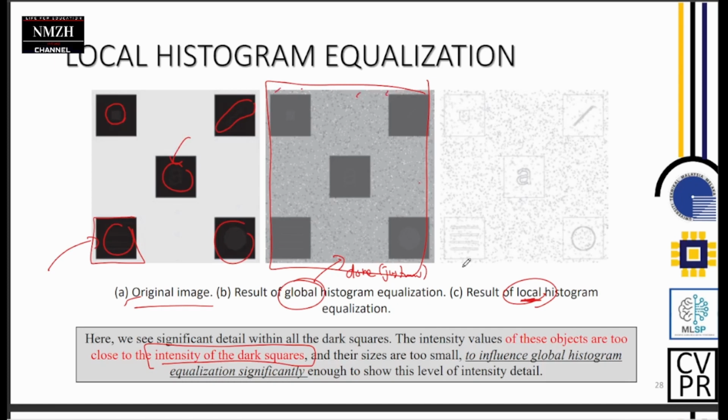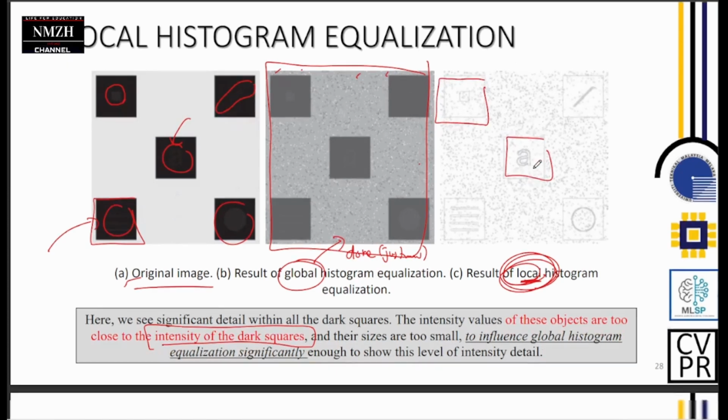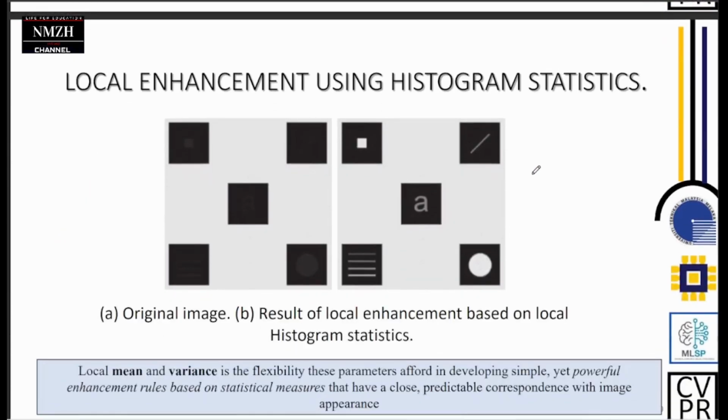Likewise, if we look at the local histogram, we can see that the 5 images are clearly significant in the way that the image is differently exposed to us. Okay, so the second idea for the local histogram statistic is like this, using the statistical approach, whereby mean and variance are utilized with flexibility of the parameter. So this one is one of the powerful techniques to enhance the unseen things to be seen, right?